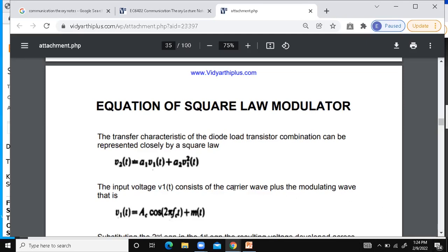So the only thing new, or the only thing you have to recall from your math, is the square law formula, which is this. Because we already established the summation of the carrier wave and the information wave.